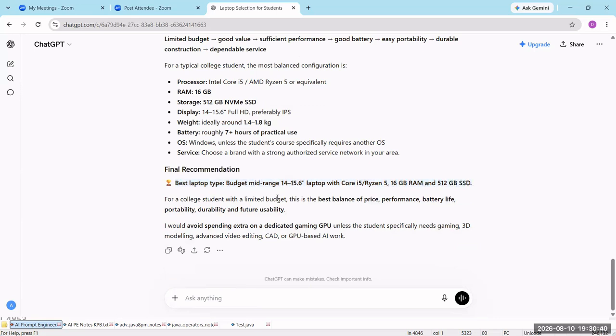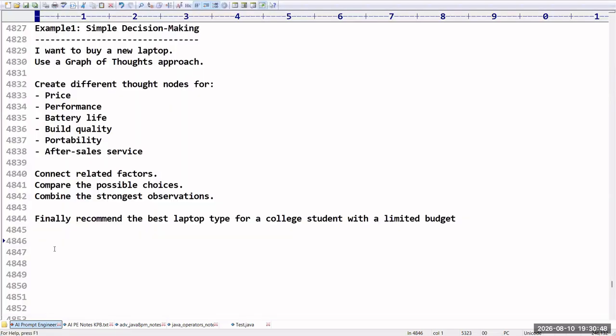For a college student with limited budget, this is the best balance of price. So we are not required to worry. It will use the graph of thoughts method and it is going to generate this. Clear, friends? Is the first prompt clear?